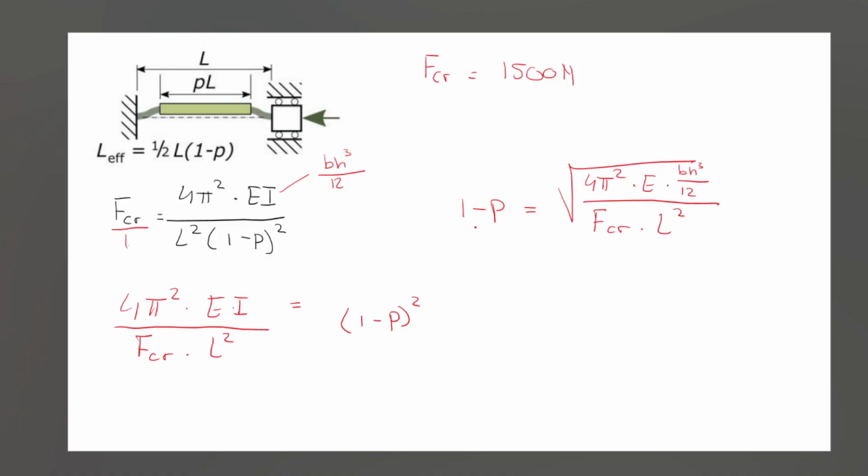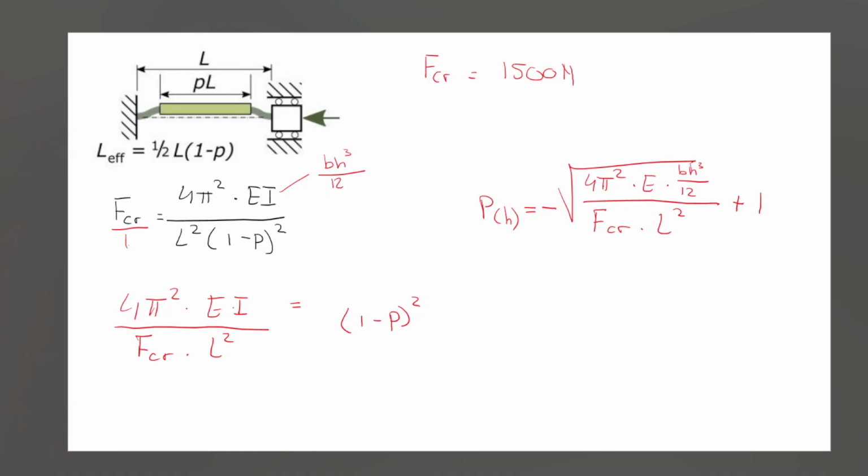And now this is still 1 minus P, so how do we make this into P? Well, first I subtract 1, and then we do both terms times minus 1, so this becomes minus, and this becomes plus, and this one can go. So this is now our formula for P as a function of H, or the thickness, because everything is known except the H.